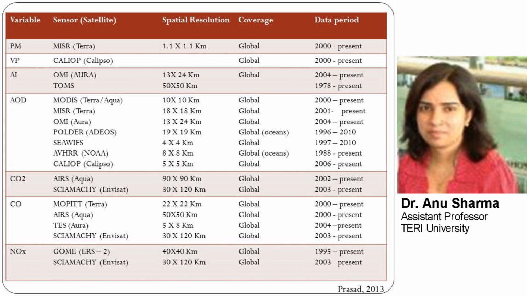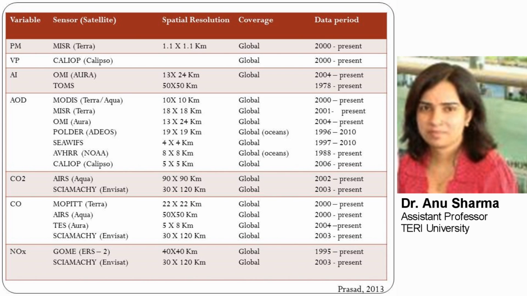Apart from that, another parameter we can extract is AI, which stands for aerosol index. Before, we were talking about aerosols, absorbing and scattering, which can have different feedbacks on the climate. Absorbing aerosols are speculated to reduce rainfall.